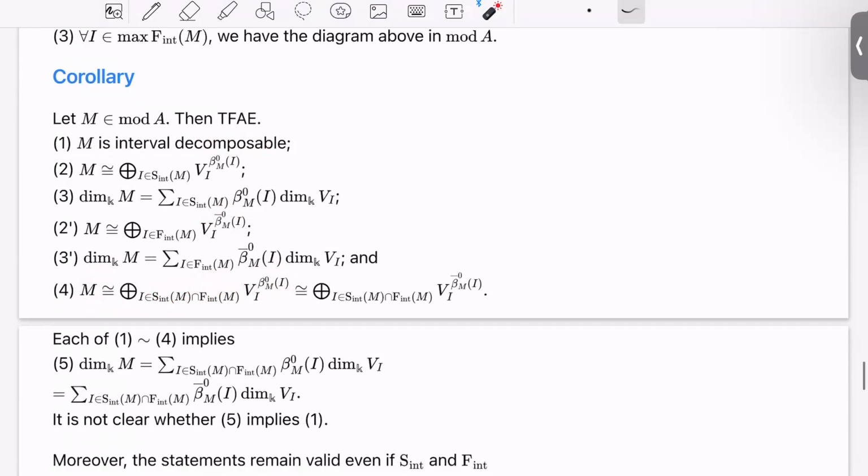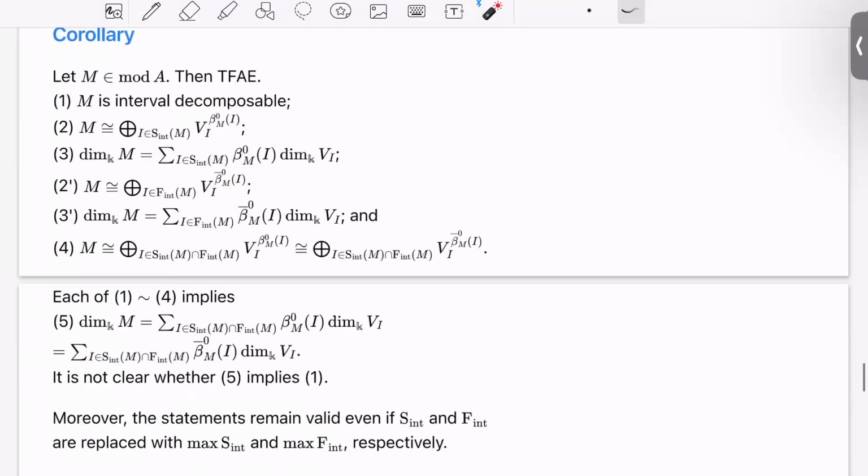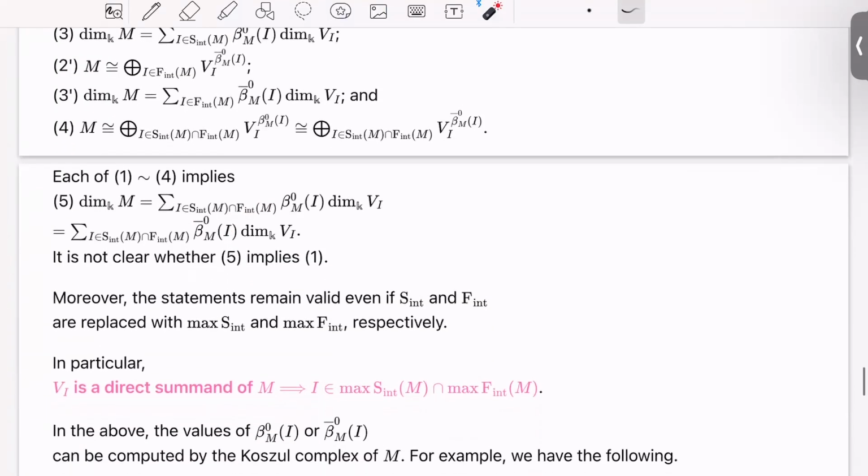So in this way, the scope of intervals becomes very small. Then for 1 to 4, we have a similar statement, but here with both S_int and F_int. In particular, this is true: if Vi is a direct summand of M, so Vi appears in this decomposition, then I is in both max S_int and max F_int.